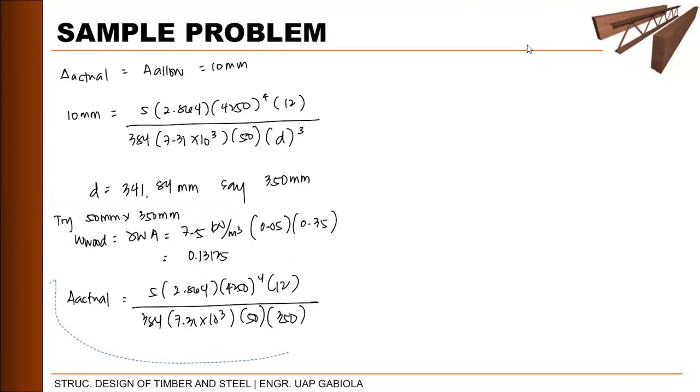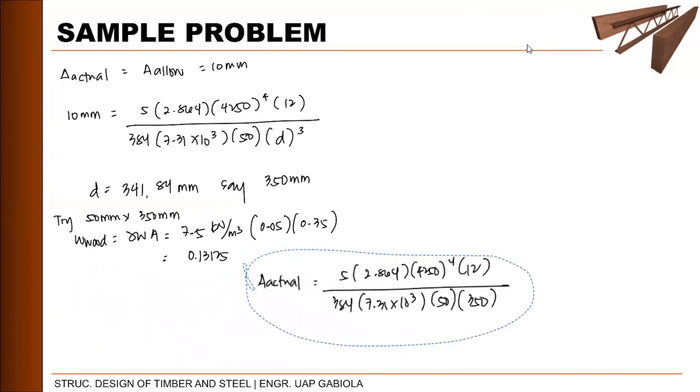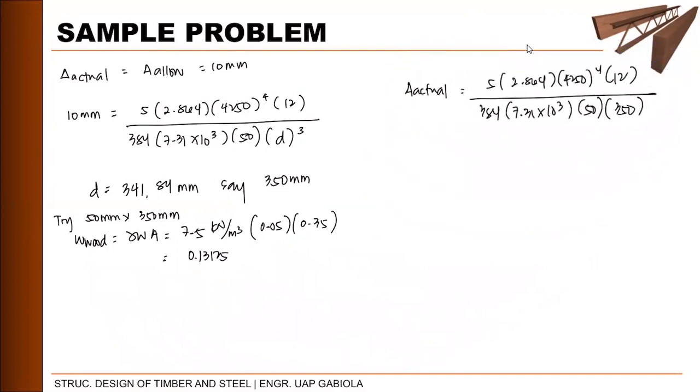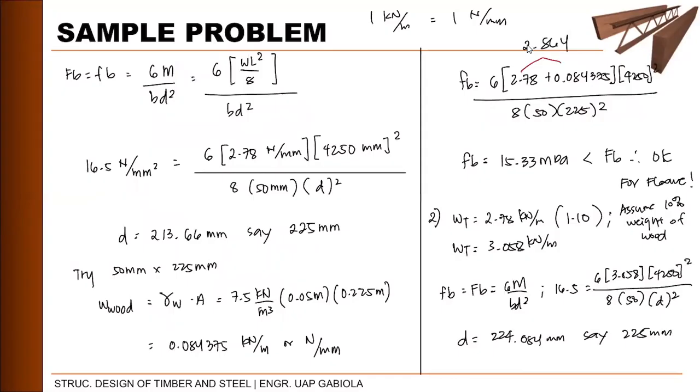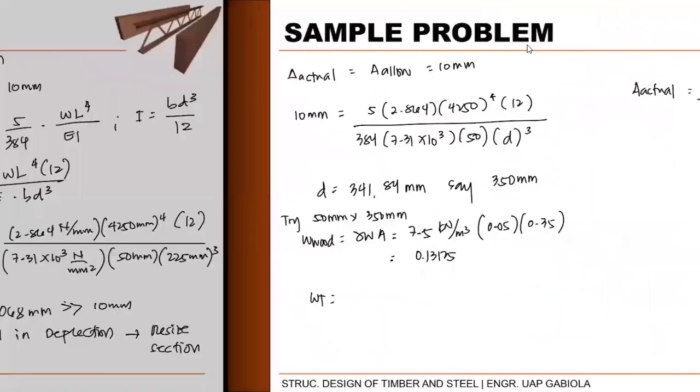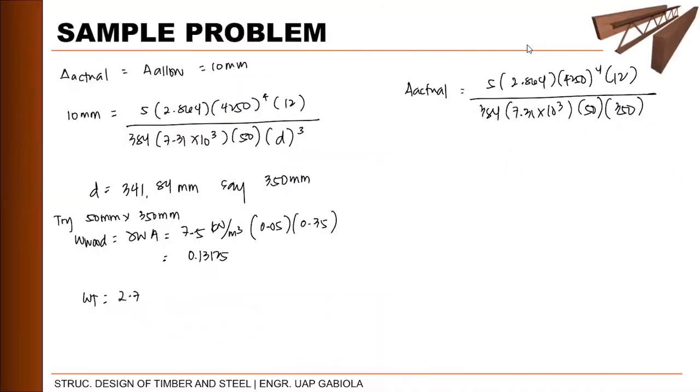is from our previous one. So let us adjust it here. So yung W total natin will be equal dun sa original natin kanina na 2.78. Ito yon, no? So 2.78 plus 0.13125.